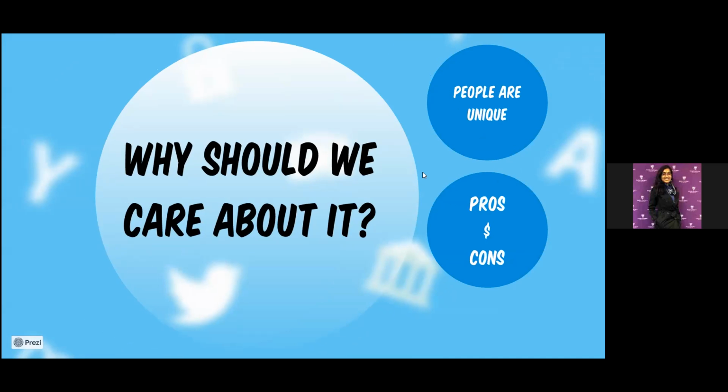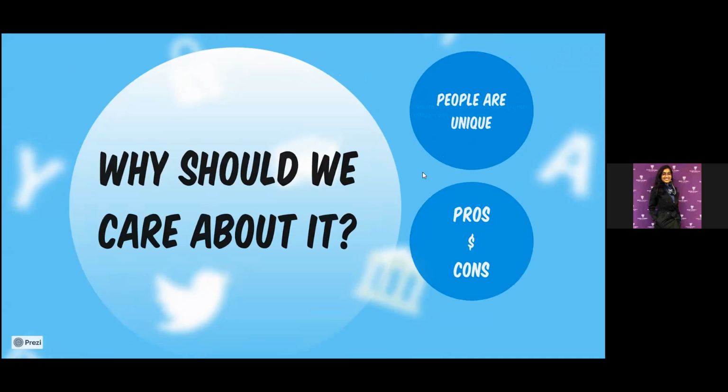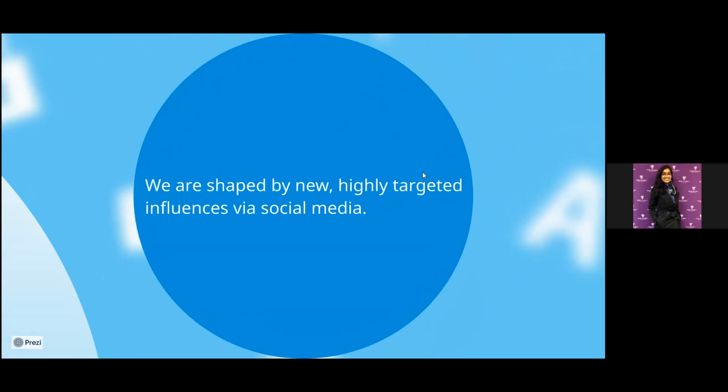Now we come back to the understanding minds aspect of qualitative data and qualitative research. So we are being shaped in the modern society in the 21st century by highly targeted influences and a huge sense of individuality. So say 10 years ago, 20 years ago, when social media was not a thing, and I'm using social media as one of the examples of micro subjectivities. Macro subjectivity is where, 20 years ago, you would have thought as a collective about certain issues.